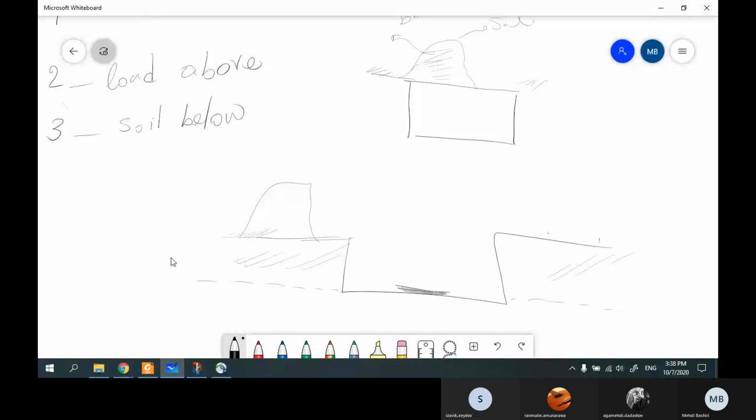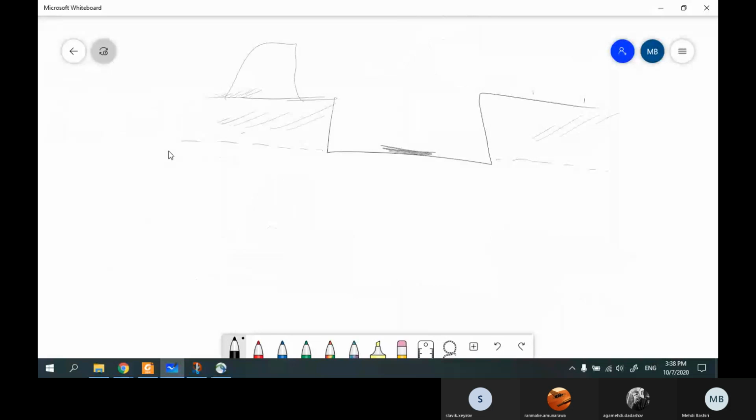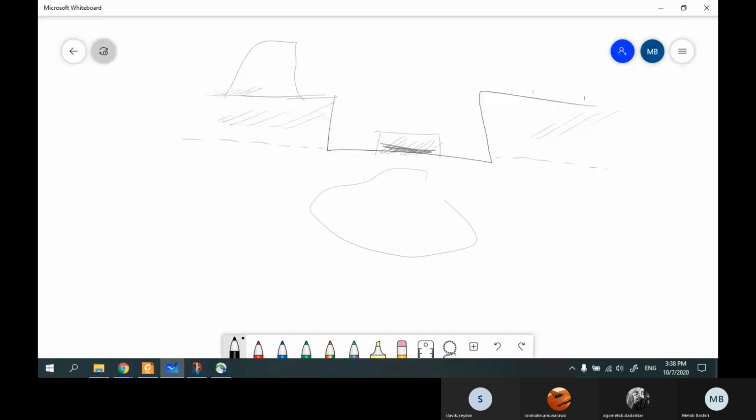And the soil below the foundation. Why is this important? It's obvious, because this part is one of the most important, since you're constructing the foundation on the soil here.